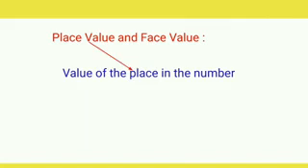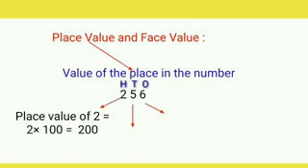Now let's talk about place value and face value. The place value of a digit is the value of the digit because of its place in the number. For example, 256, what would be the place value of 2 here? Here the value of 2 is 200.